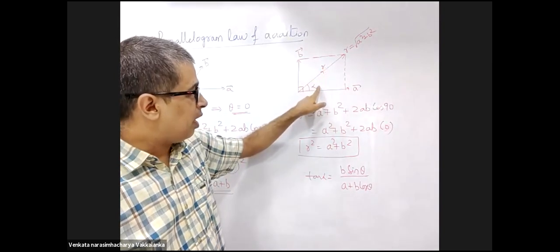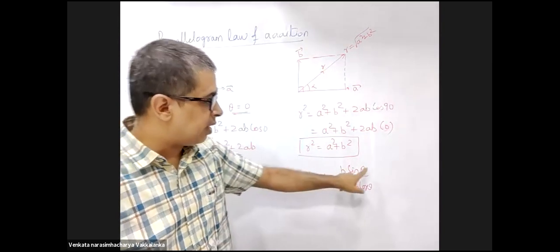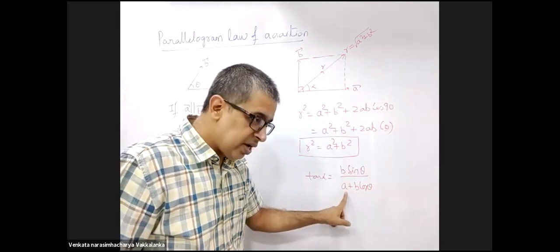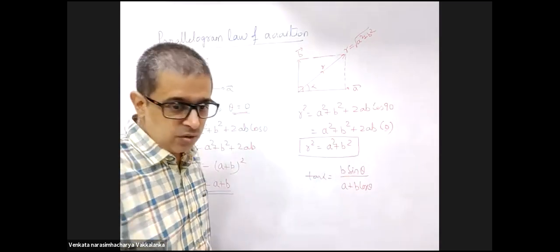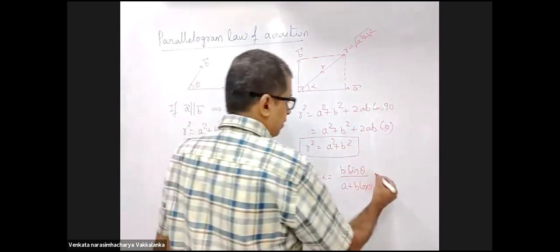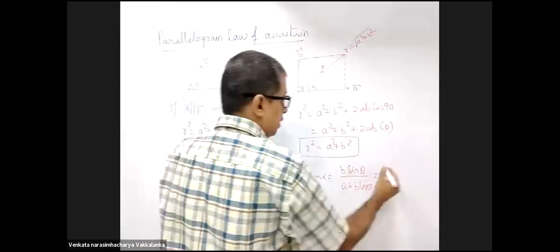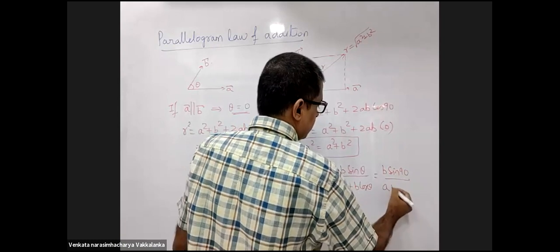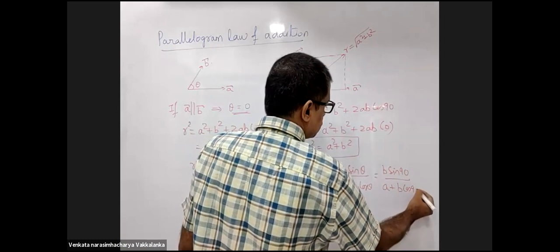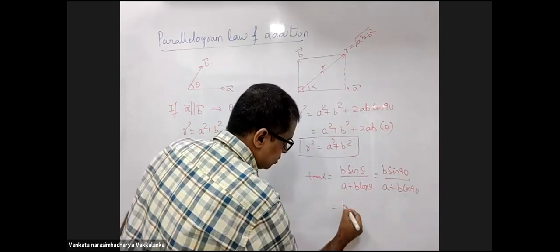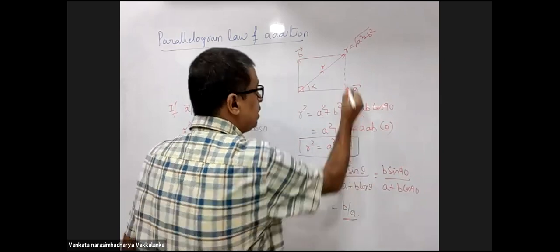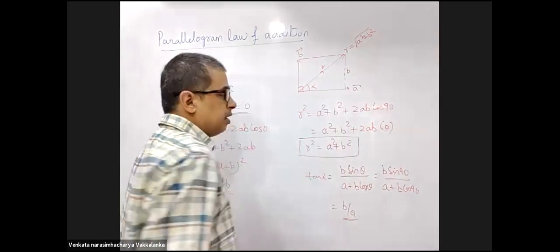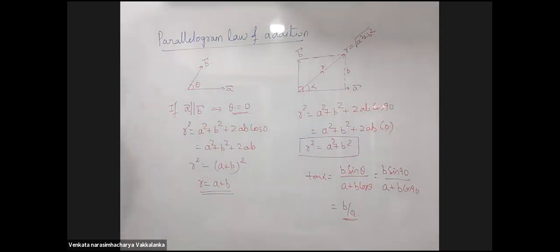So B sin 90 by A plus B cos 90. This turns out to be B by A, which I am able to see from the diagram.